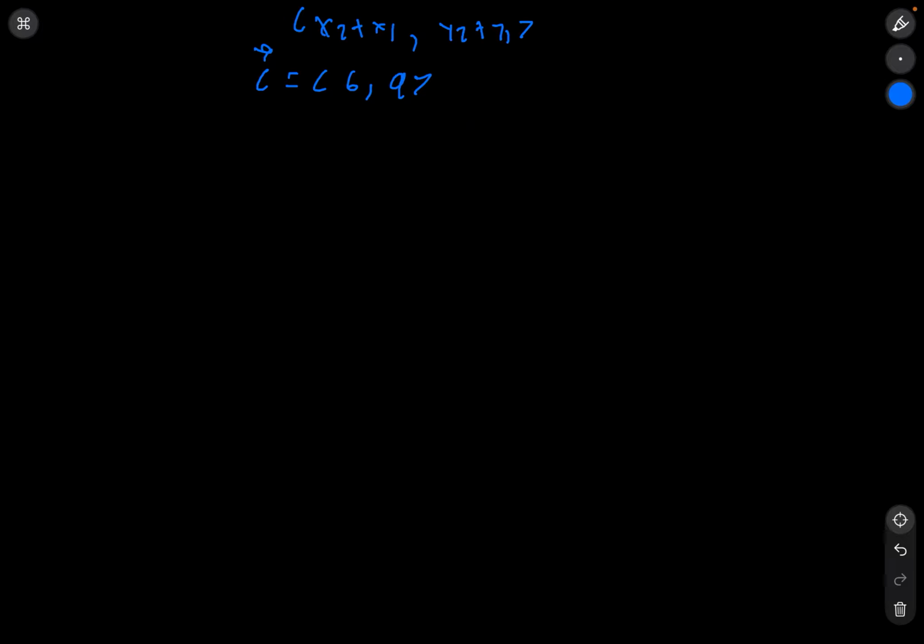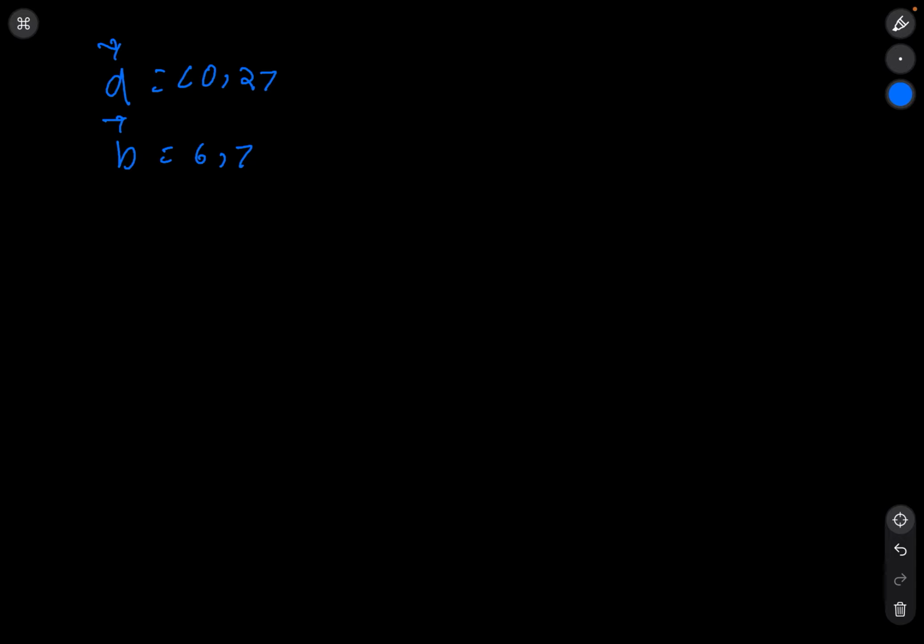So let's say we have the same example. We have vector A, which is 0, 2, and then vector B, which is 6, 7. How would you be able to find the difference between these two vectors?